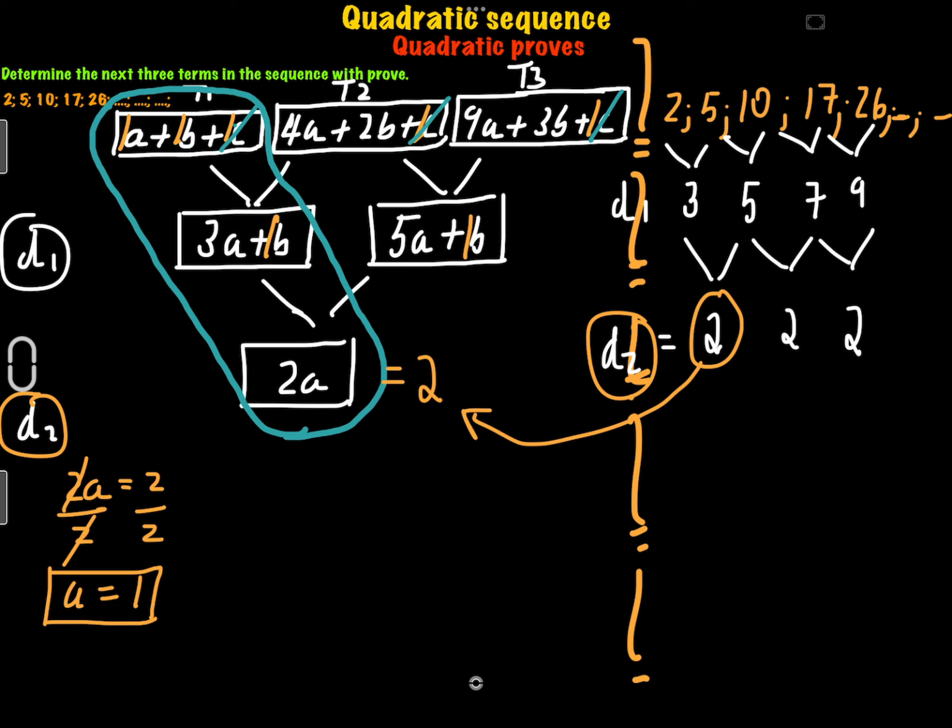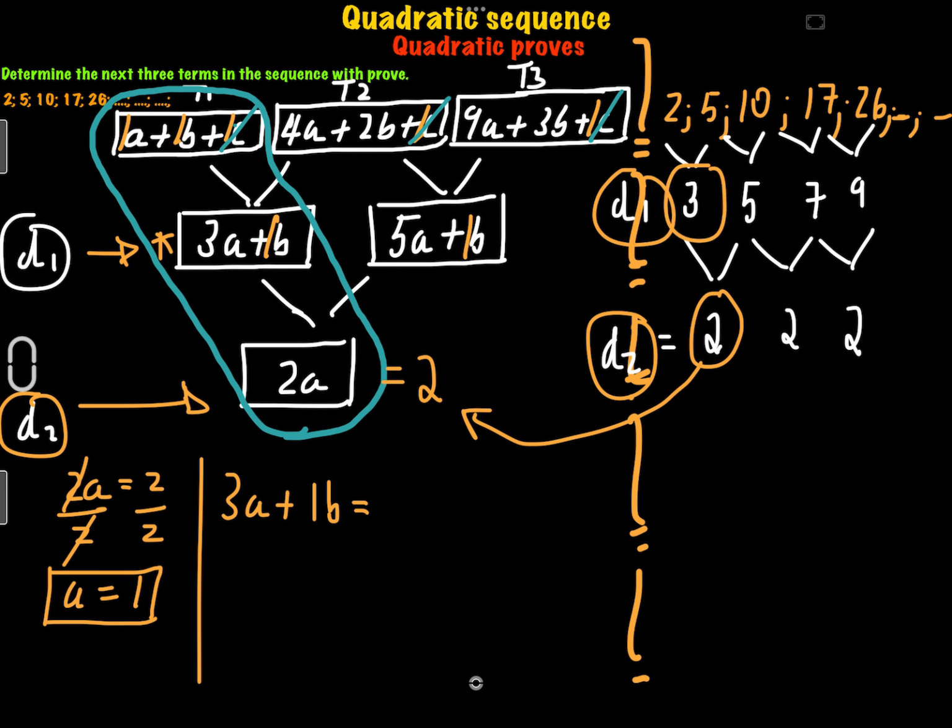So what I need to do now is move on to the next difference, the first difference, which I started off with. So we have 3a plus b is equal to, this time, the first difference, which in this case is 3.